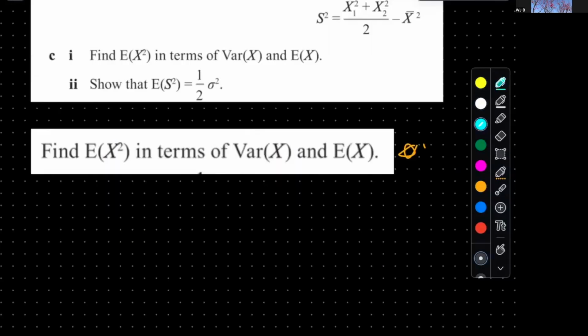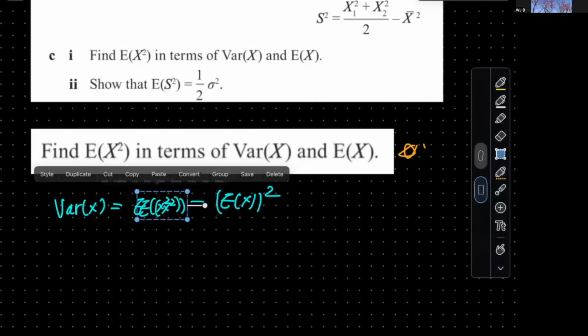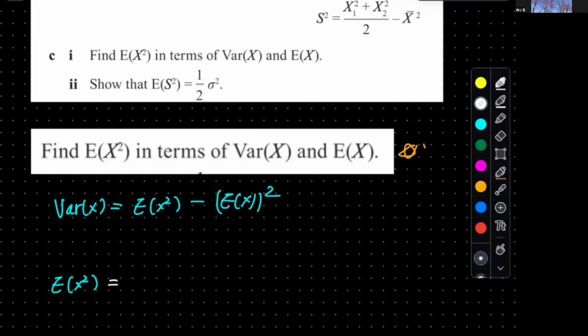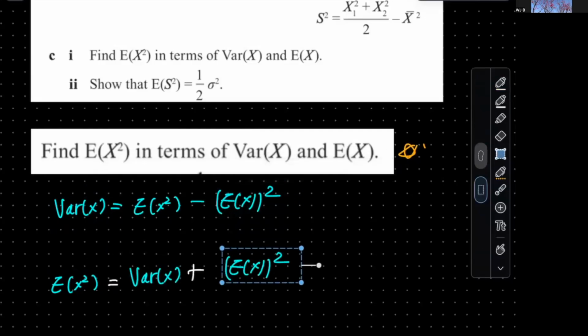The formula for the variance was expected value of x squared minus expected value of x, perfect square. So that's great. What we can do is rearrange for the expected value of x squared. So this is what I would have, and that will be the same as variance of x plus expected value of x perfect square. It's just a formula.